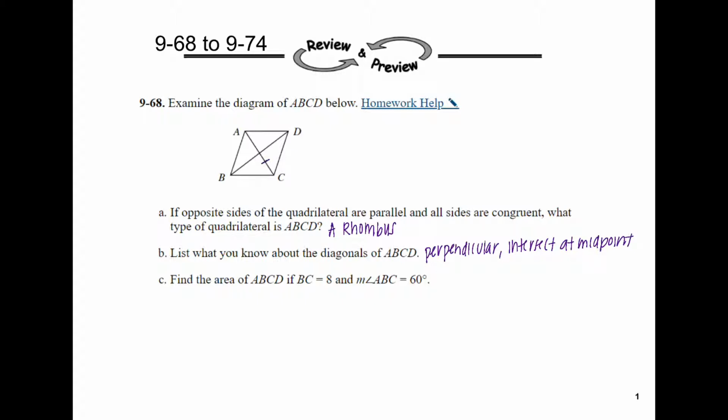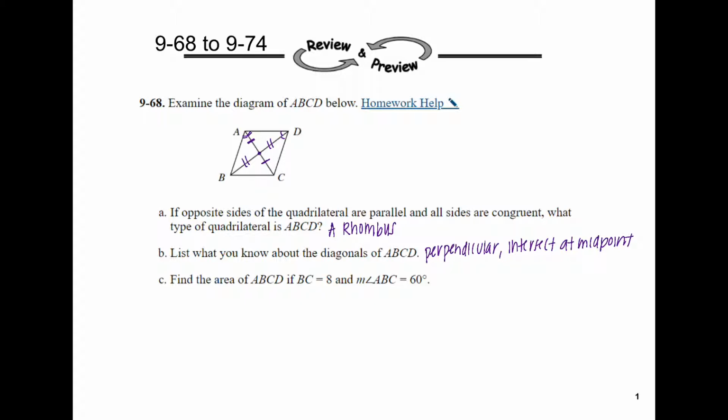So on our diagram, we know that AE and CE are congruent and BE and DE are congruent because this is the midpoint of each of those line segments. They also bisect our angles, so we know that those angles are congruent.